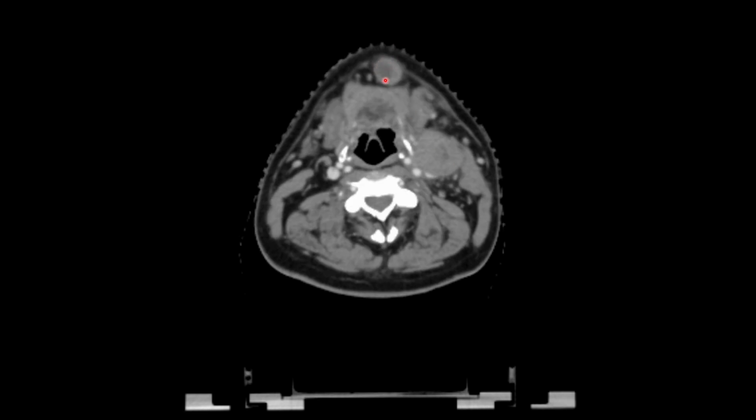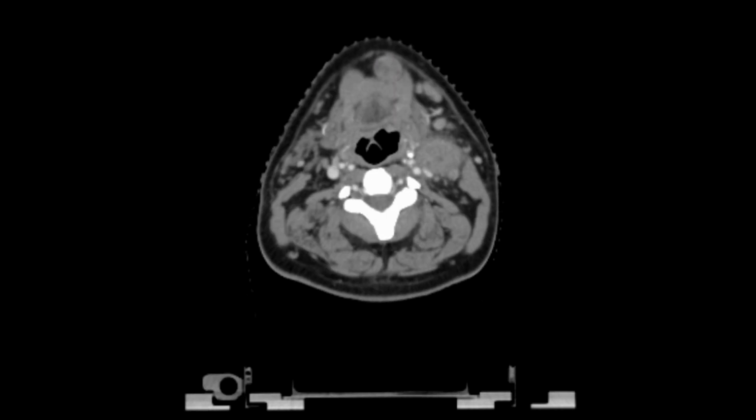So you can see here there is a lymph node. This is the level 1A. It is pushing the platysma a little bit. There may be exceptions where lymph nodes or tumors may infiltrate the platysma and go into the subcutaneous fat. There, of course, you will include the subcutaneous tissue and the skin also.